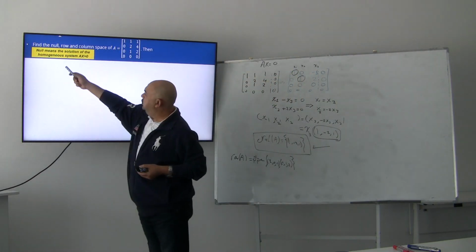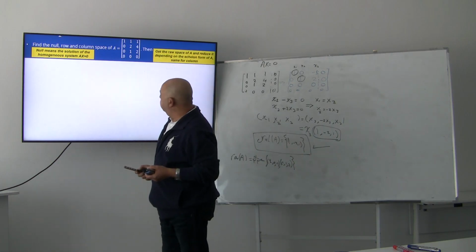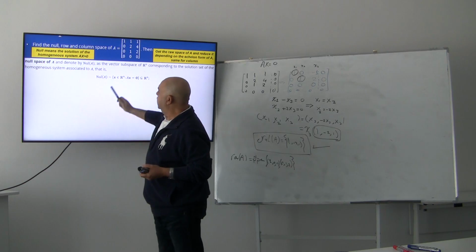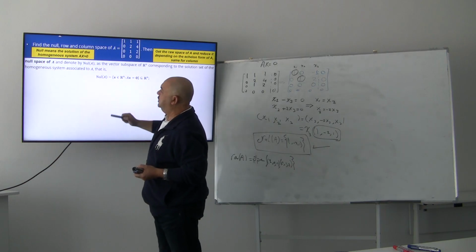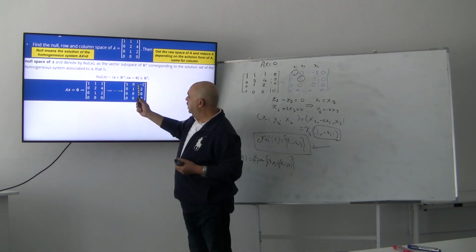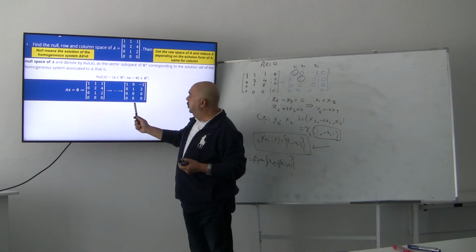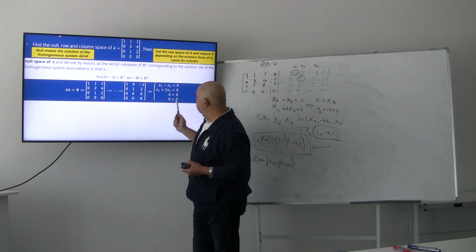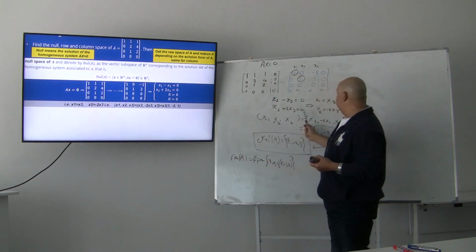As I told you, the null space means the solution set of the system of homogeneous equations, so I will try to solve this system. This is what we mean by null of A, solving this homogeneous system. This is the system on echelon form. So x1 equals x3, and x2 equals -2 x3, as we saw exactly here.